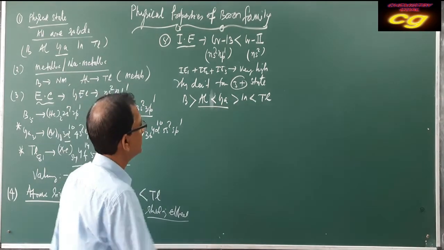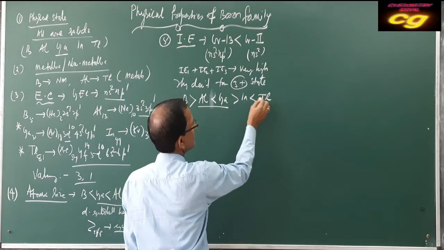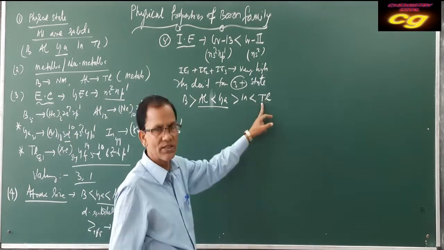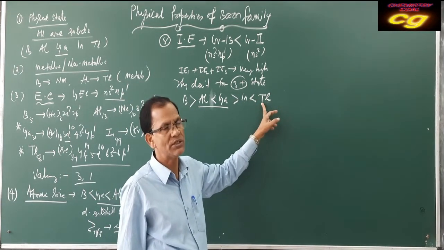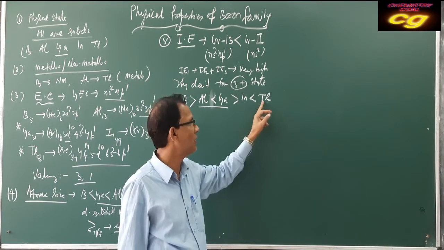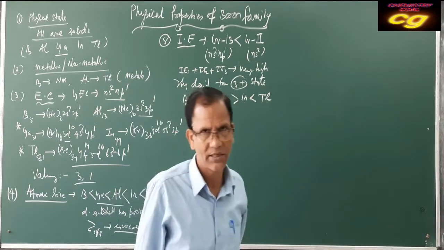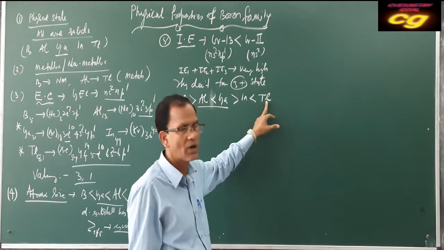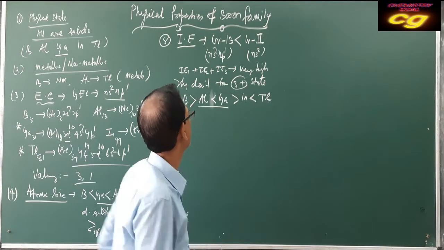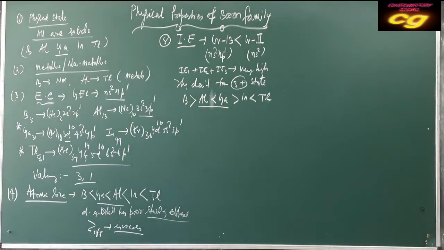Here, indium and thallium, what happens? Thallium has an f subshell, which has the poorest shielding effect, so the ionization energy of thallium is more than indium, though the difference is very small. So this is the order of ionization energy comparison.